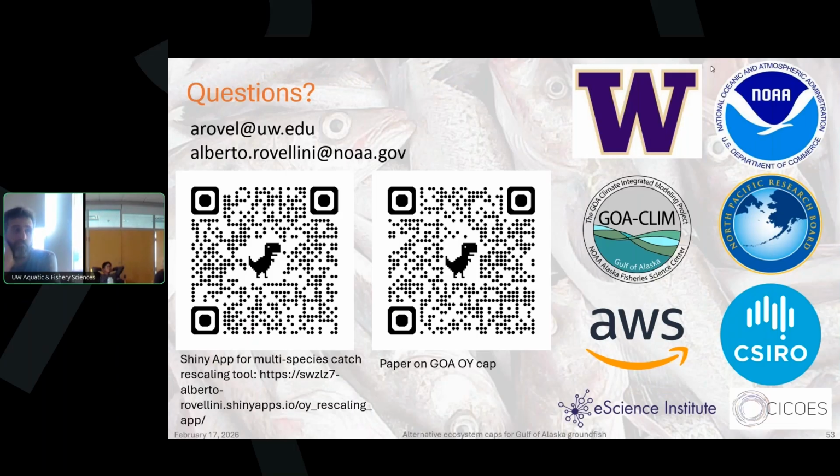But compared to the Bering Sea, which is kind of the gold standard for cap use and how it has been called an ecosystem constraint, I think the biggest difference between there and the Gulf of Alaska is you have a lot more constraints. Almost every fishery is heavily constrained by bycatch limits.